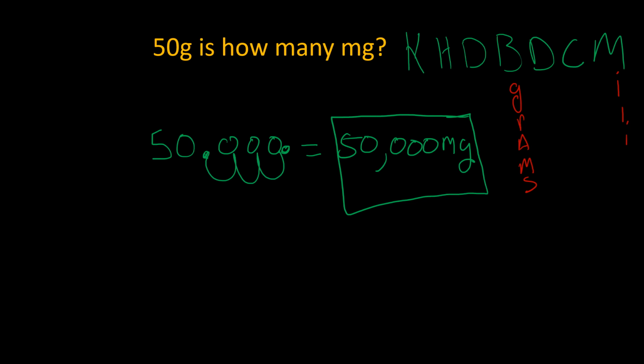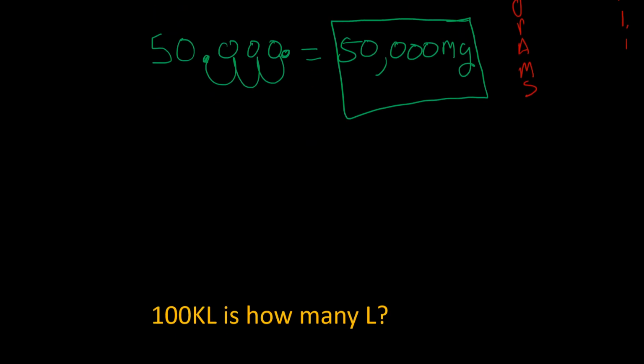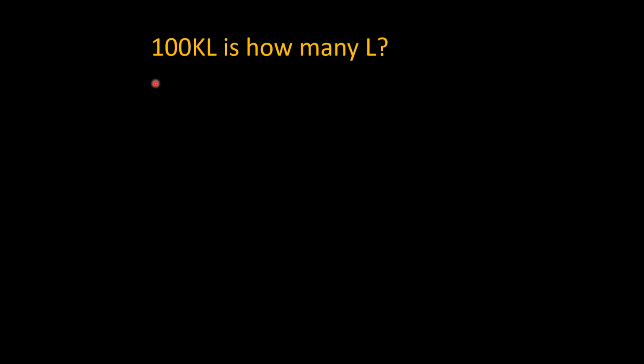Let's work another example. In this example, we have 100 kiloliters is how many liters? KL stands for kiloliters. So our mnemonic device is King Henry died by drinking chocolate milk.